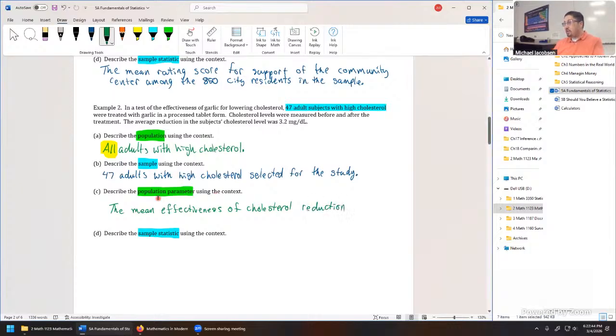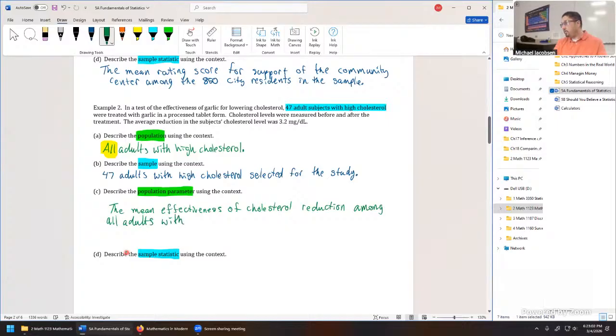And again, this is talking about the population. So we have to loop back into what was the population in the very first place. So we'll say among all adults with high cholesterol.